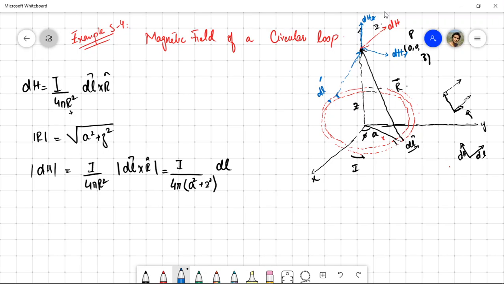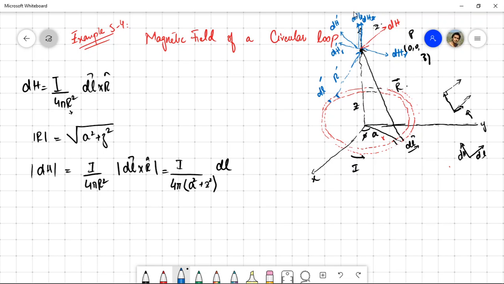So this is r dash. Once again, we will have another dH here. This is dH dash, and that dH dash will also have two components, one in r's direction and one in z's direction.